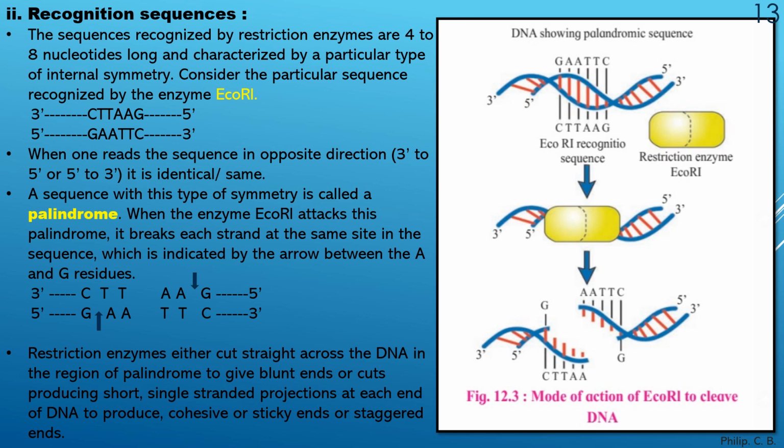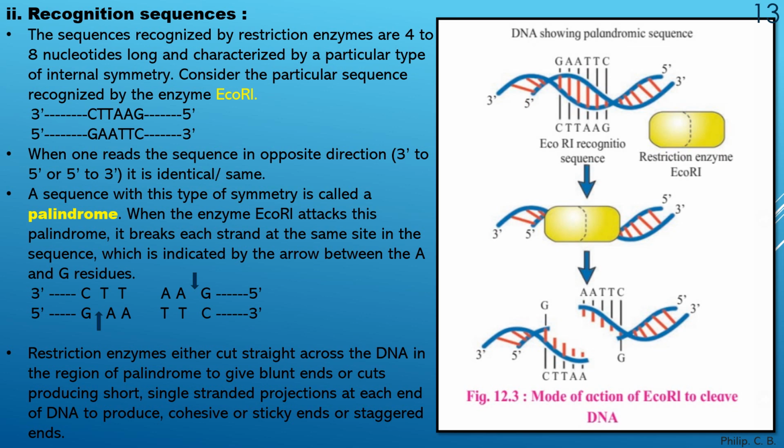I will give one example which we usually come across, the word Malayalam. When you read from front and back, it has the same alphabets, in the same way as a mirror image, correct? Further, when the enzyme EcoRI attacks this palindrome, it breaks each strand at the same site in the sequence, indicated by the arrow between the A and G residues.